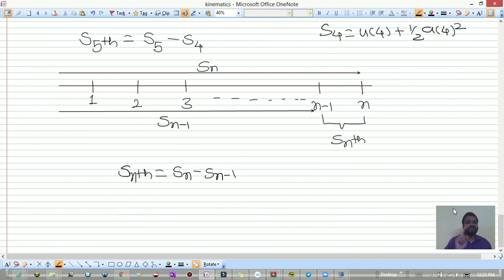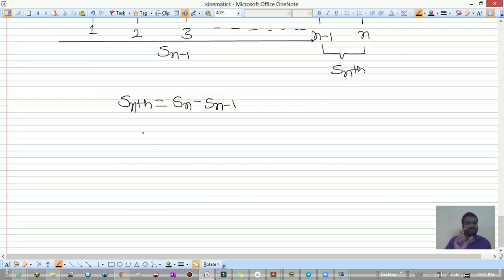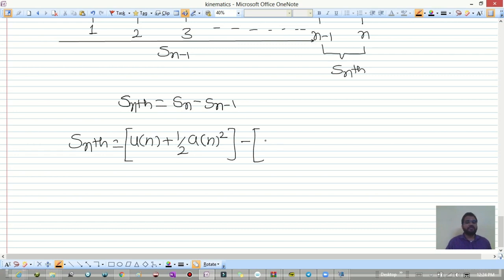That indicates instead of time you have to consider n over here. So instead of time t, you have to consider n over here. So I'm writing S(nth) now, and that is equal to Sn, which is un plus 1 by 2 a n squared. This is Sn we have, minus, what is S(n minus 1)? Instead of time t, you have to consider n minus 1 over here.